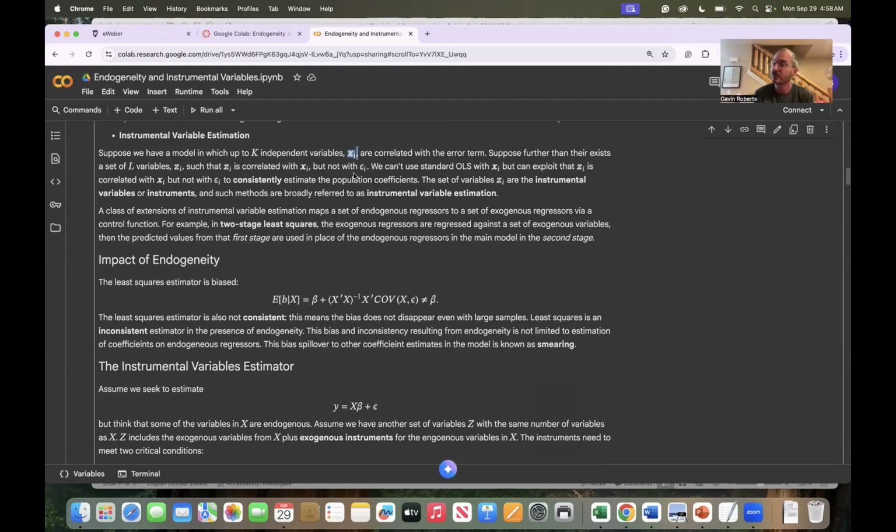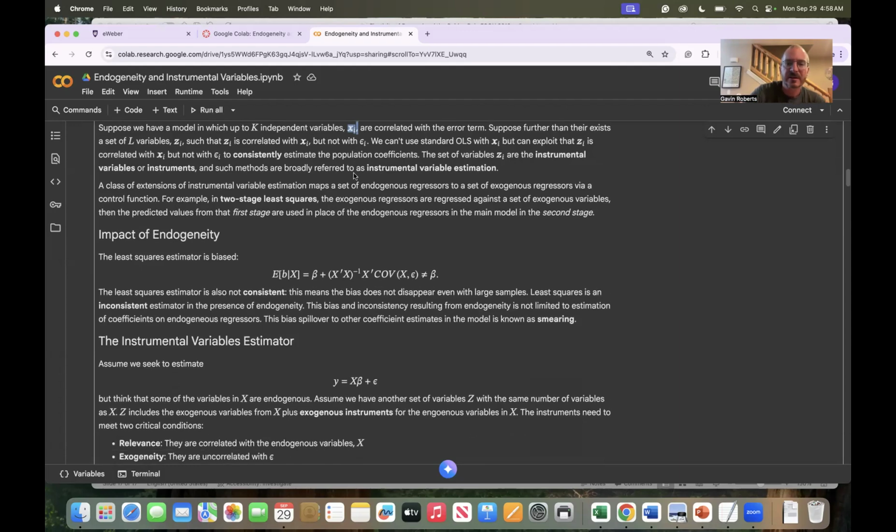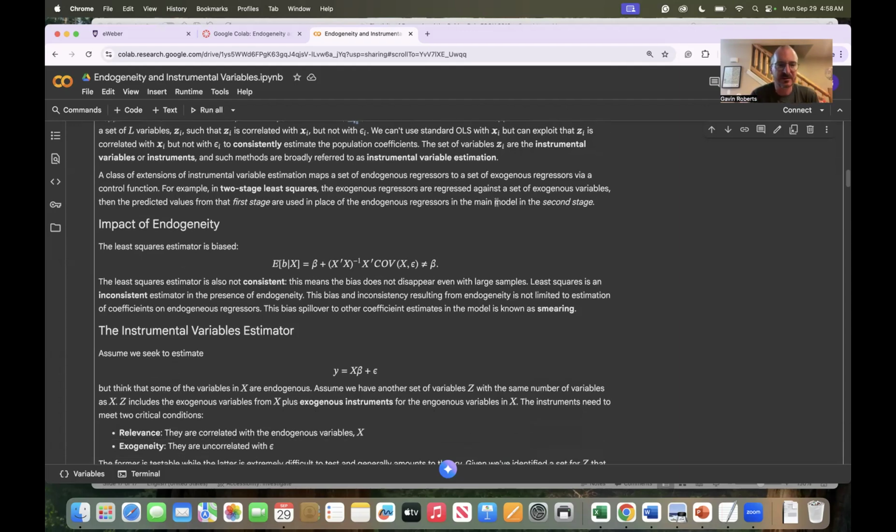So maybe we can use this fact that those are exogenous regressors to help us get the correct answers for x. The set of variables Zi are the instrumental variables, or instruments, and we call this L set of variables Z instruments.